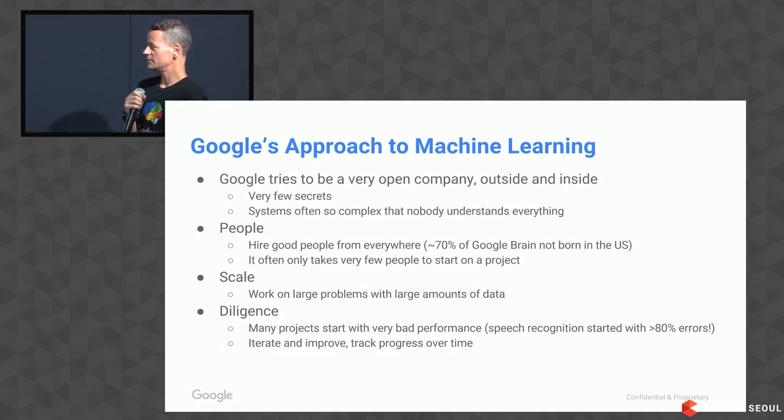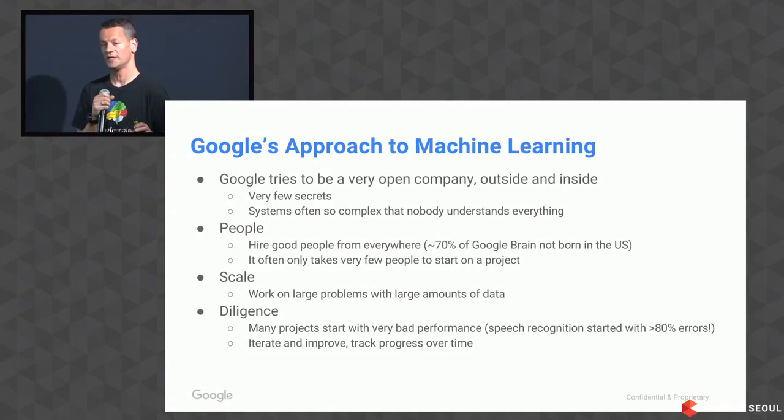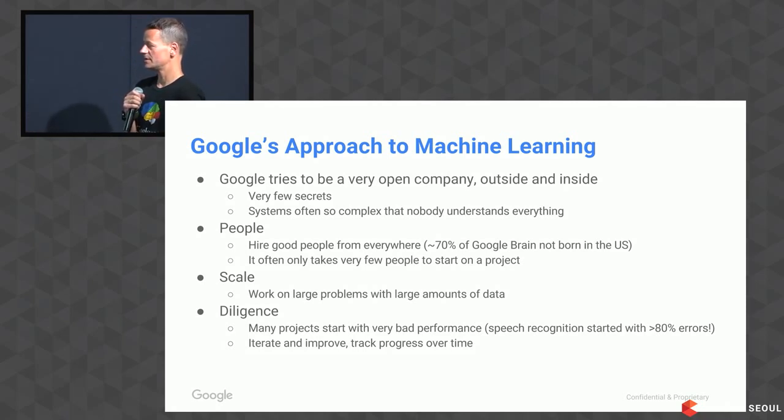Another thing we do is we try to work at scale. Scale is very important. If you only work on problems that have 100 examples, you probably get stuck very soon. But if you have a problem that has millions or billions of examples, then you can improve for a long time. Diligence is also one thing.